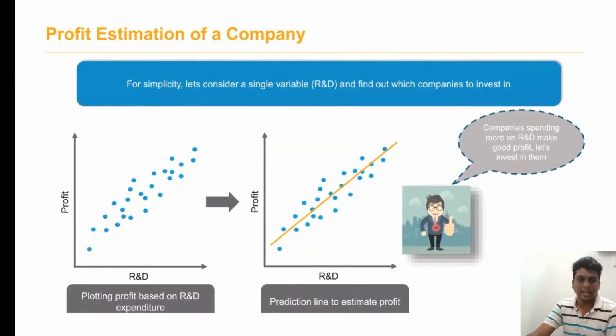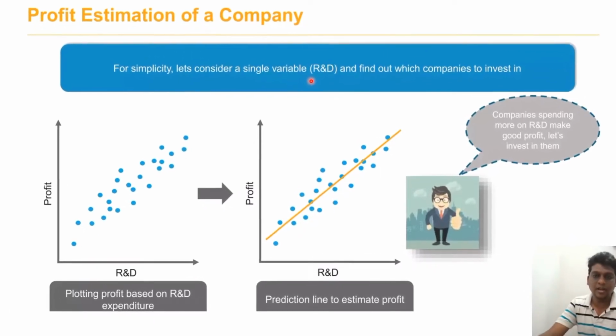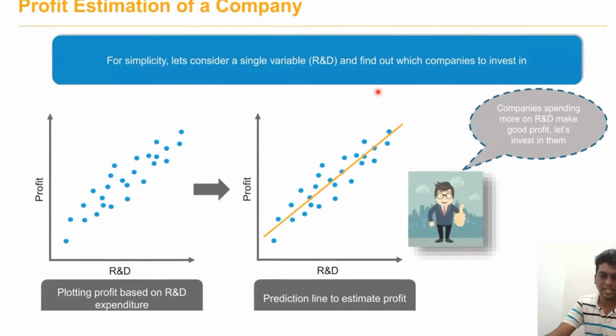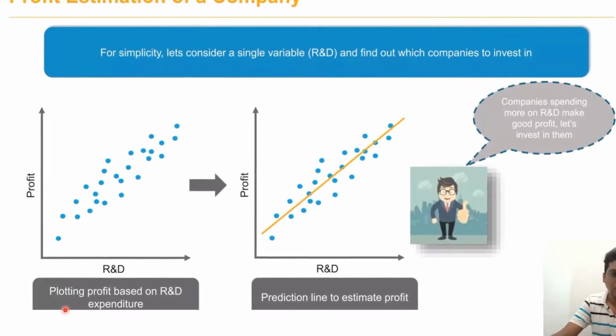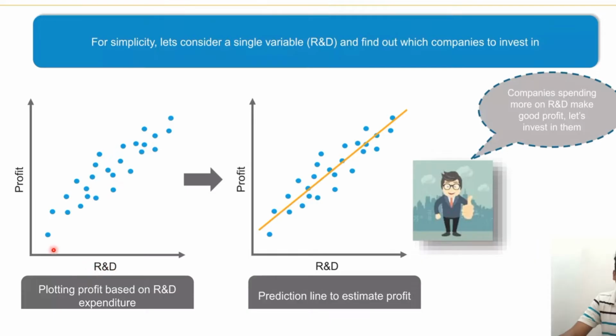For example, here we can consider a single variable, research and development, and find out which companies are best to invest in. Here we can plot a graph between R&D and profit. After plotting the graph, we have to draw the regression line.